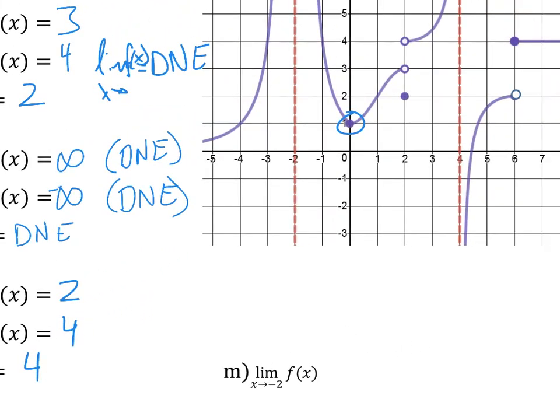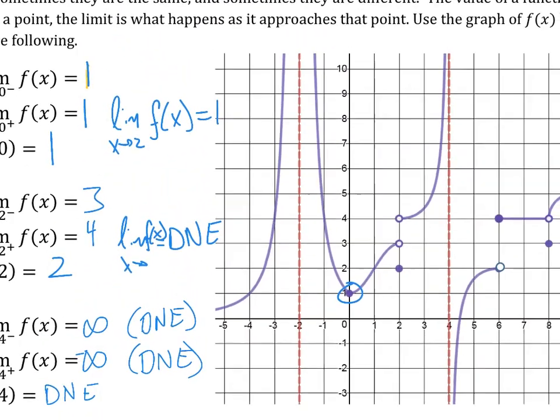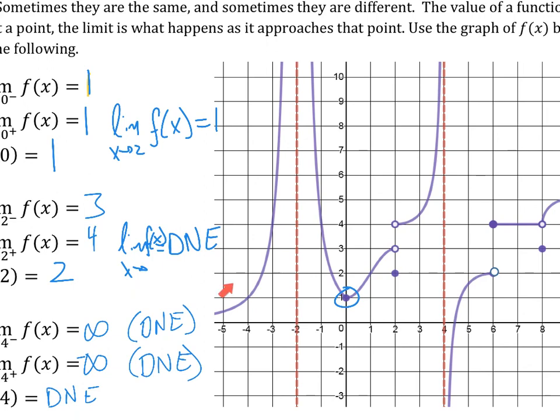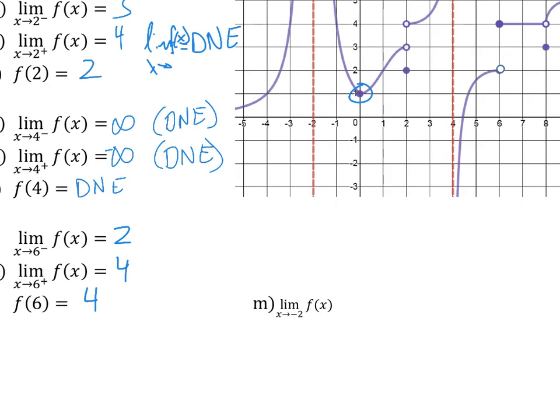And last but not least, what about at -2? Well, we've got to be a little careful. This is going up to infinity. This is going up to infinity. However, again, infinity is not a number, all right? So they're not going to a discrete number or a finite number.